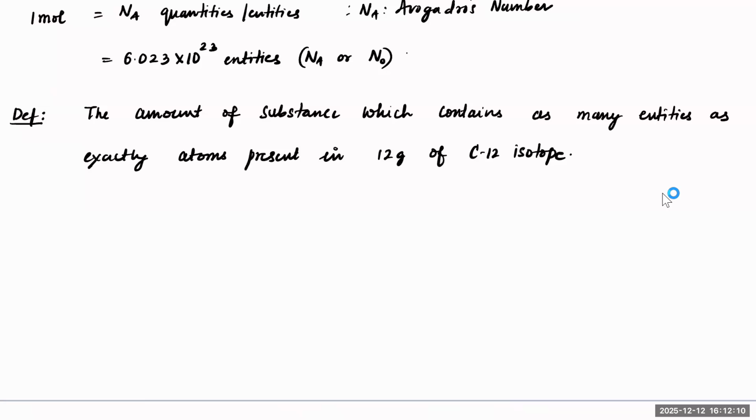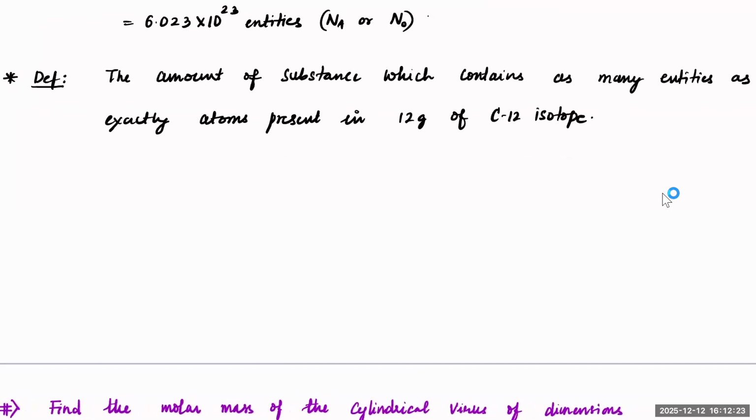So if I take 12 grams of carbon 12 isotope, as many atoms as are present in it, pure carbon, if you take, that defines the mole. Got it? This is by definition. Okay. Now, according to mass spectrometry, I can use the terminology spectrometry because I'm using more of metric terms here.